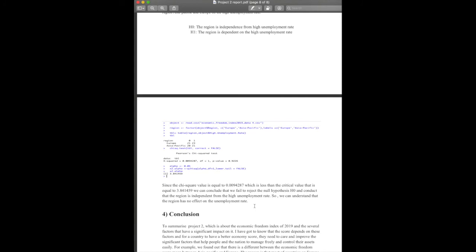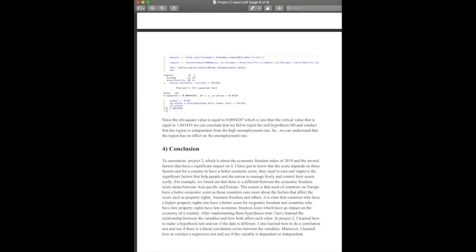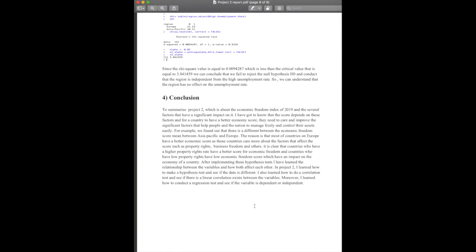As for the conclusion, to sum up the results, I concluded that the economic freedom score depends on these factors. There is a positive linear relationship between the economic freedom score and property rights, and they increased significantly. And also, there is a positive linear relationship between the economic freedom score and business freedom.